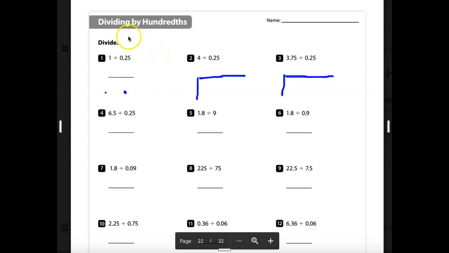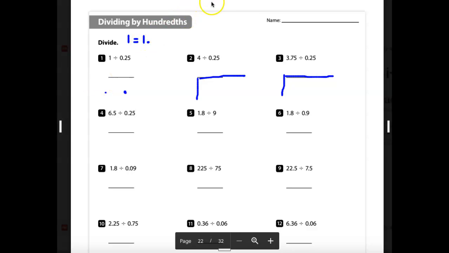So we need to put a decimal there because there's a decimal in the divisor. And with dividing decimals, we can never have a decimal in the divisor. That's the one rule we have to remember.